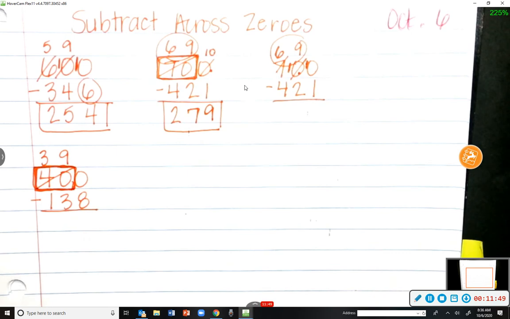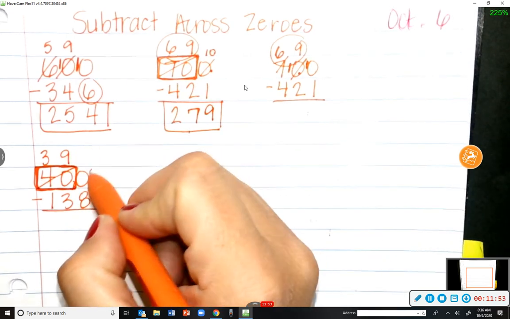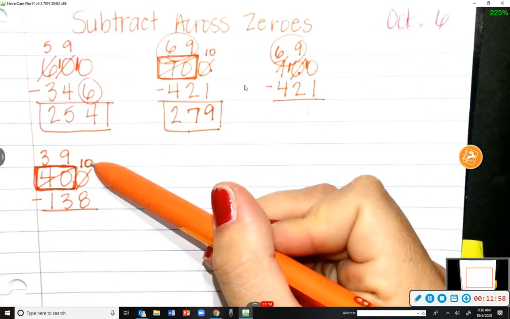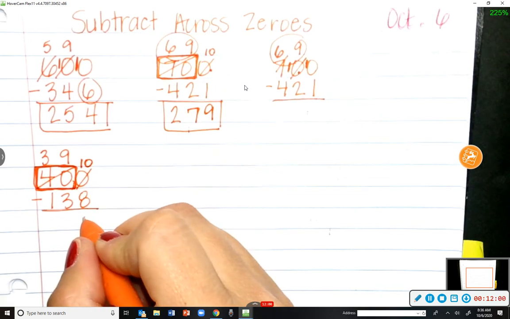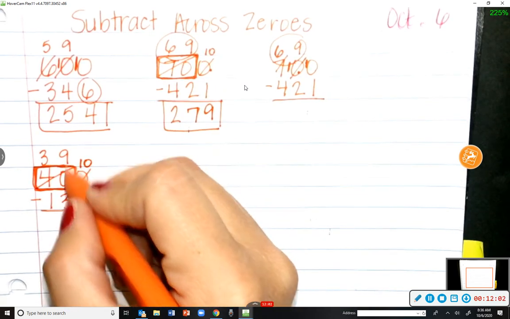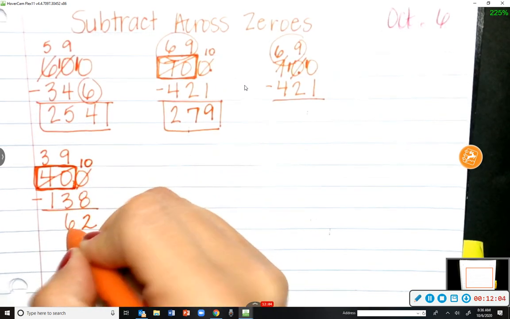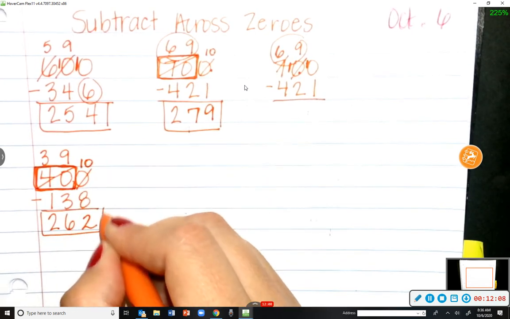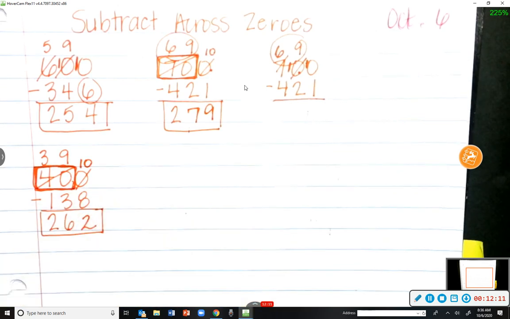We're borrowing 1, so now it becomes 39. The ones place becomes 10. 10 minus 8 is 2. 9 minus 3 is 6. And 3 minus 1 is 2. 262.